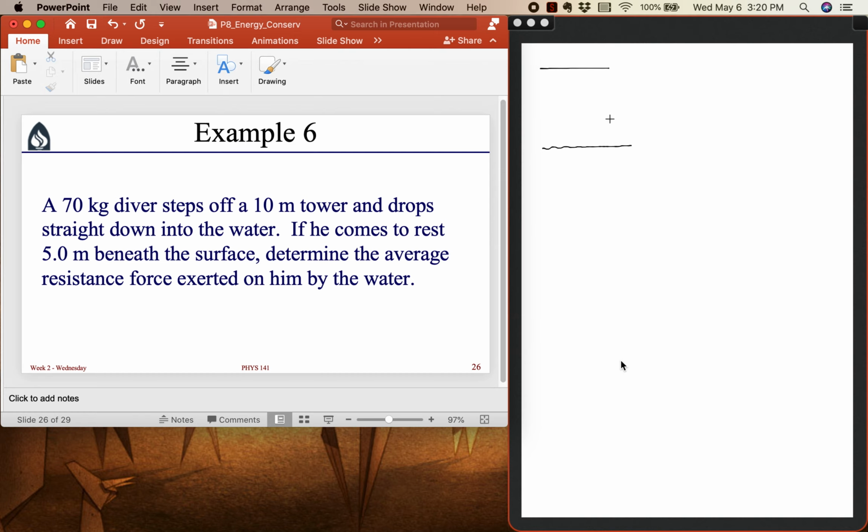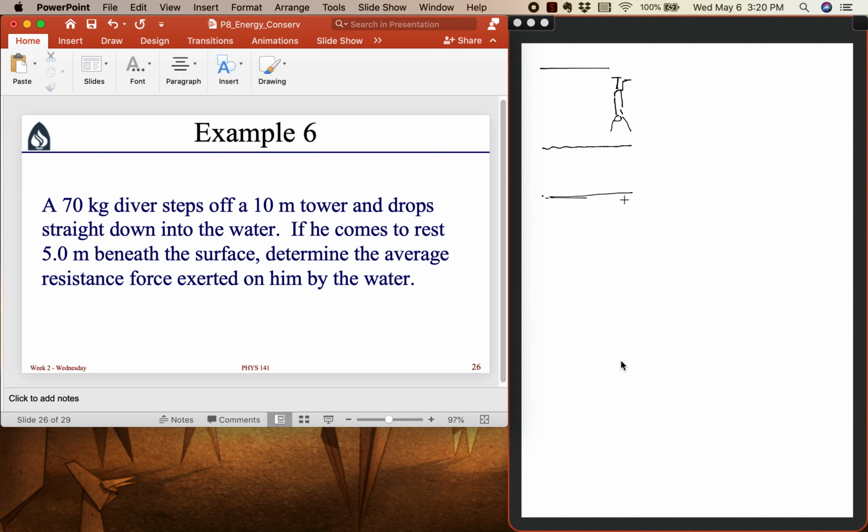And the diver is diving from the board into the water. So after the diver enters the water, then the diver is going to go through the water until they come to rest at some point beneath the surface of the water.